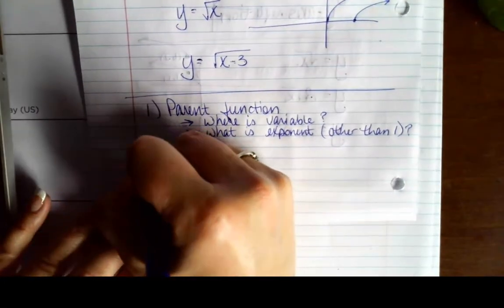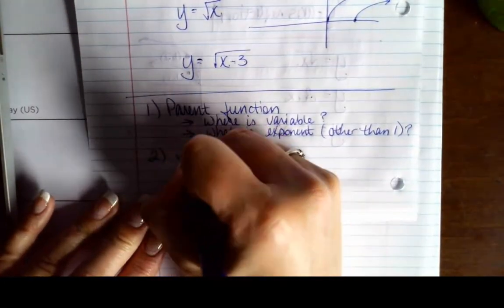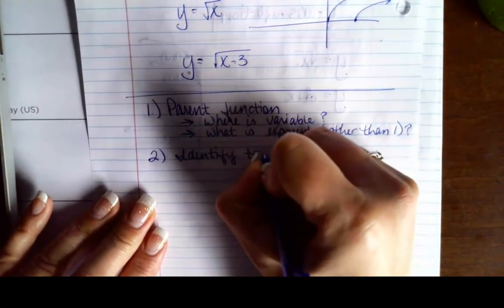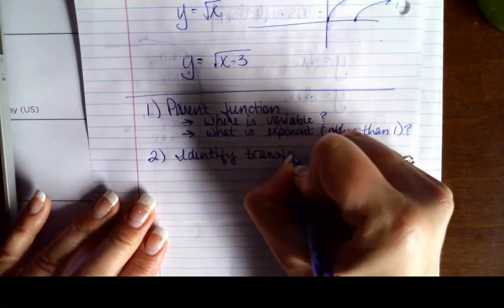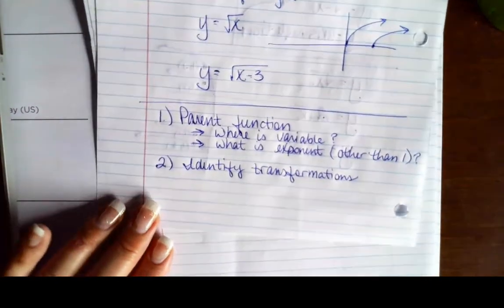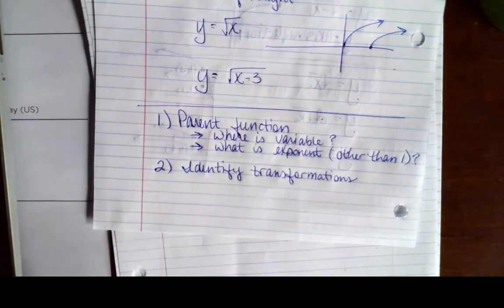The next thing I need to do is identify transformations. And when we identify the transformations, we're going to identify if it's been reflected. We're going to identify if it's been stretched or compressed, and we're going to identify if it has been moved left, right, or up, down, or both. Okay, so that's what we're going to start looking at.